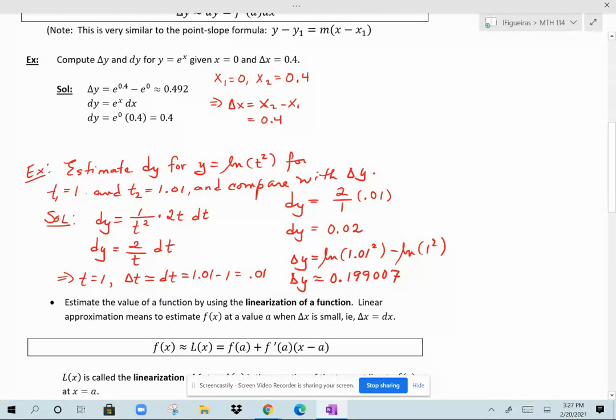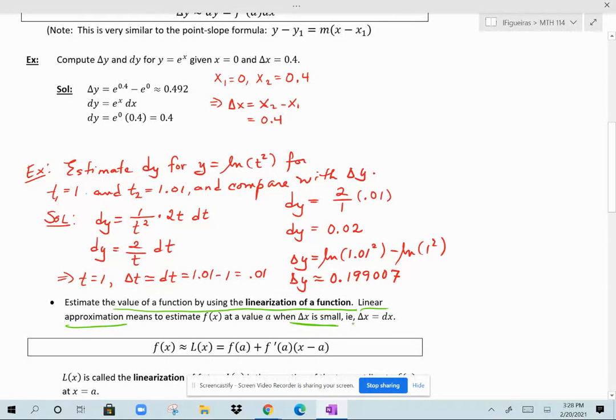Okay. So we can also use differentials to estimate the value of a function by a process called the linearization of a function. It is also called linear approximation. So linear approximation means that we're going to estimate the value of f of x at some value a when your delta x is small.